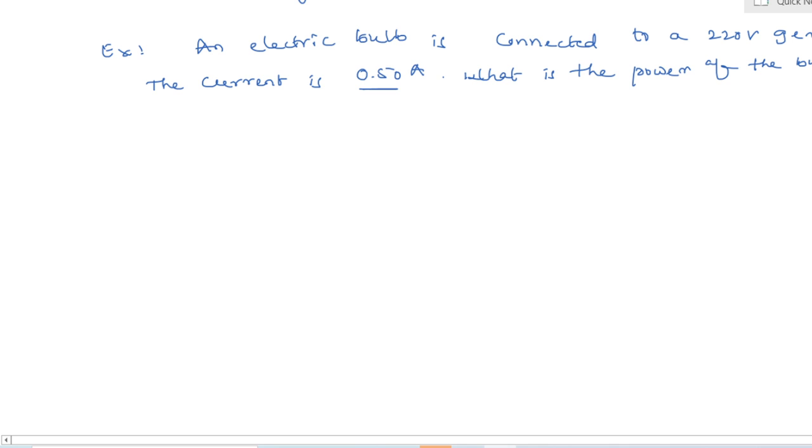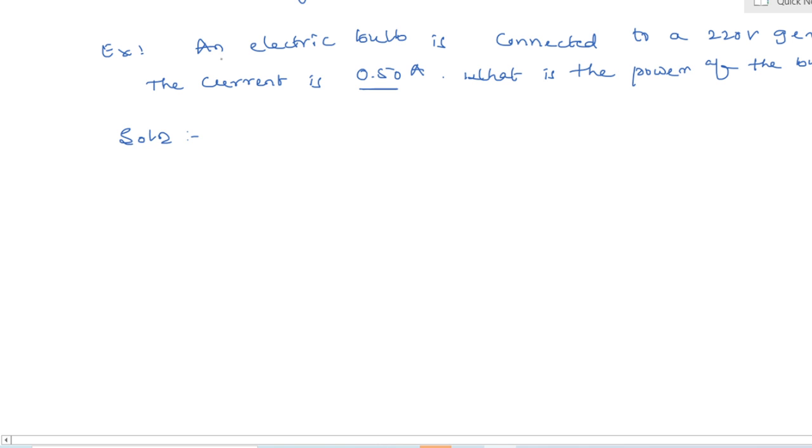Solution. First observe the question. An electric bulb is connected to a 220 volt generator. The current is 0.50 ampere. What is the power of the bulb?